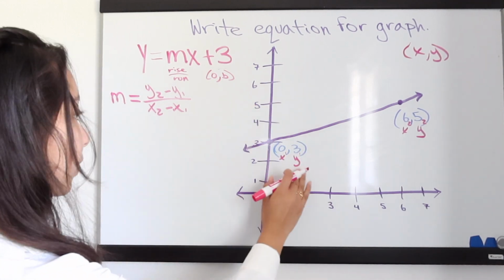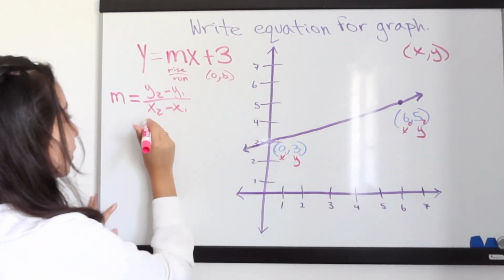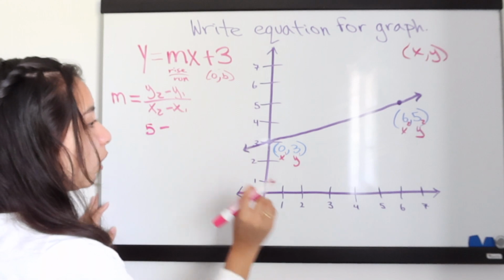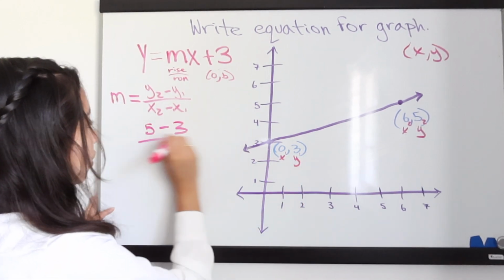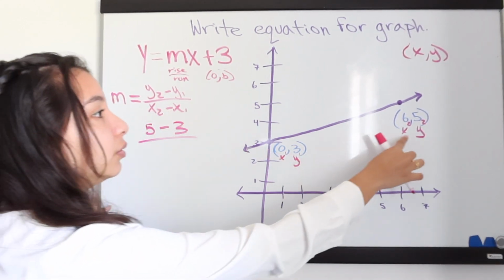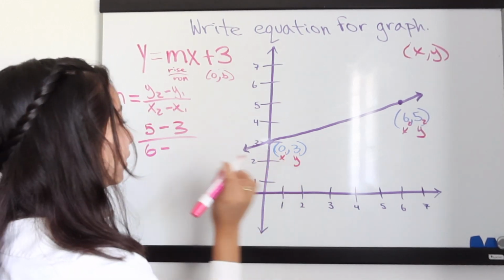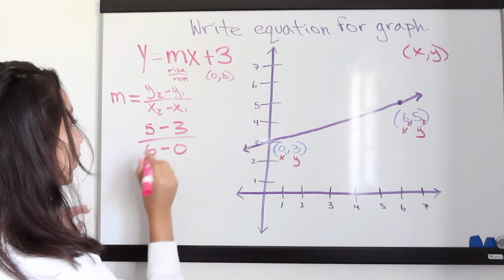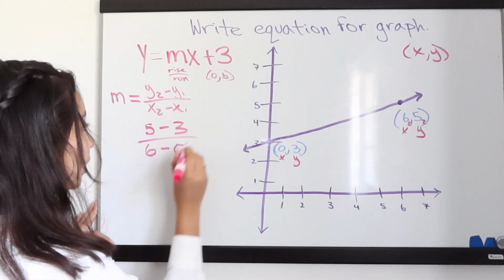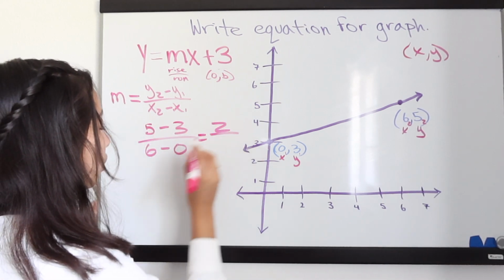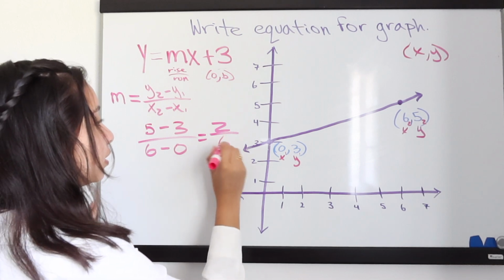So now let's just plug this in. y2 is 5 minus y1 is 3 over x2, 6, minus x1 is 0. Now we just evaluate. So 5 minus 3 is equal to 2 over 6 minus 0 is just 6.